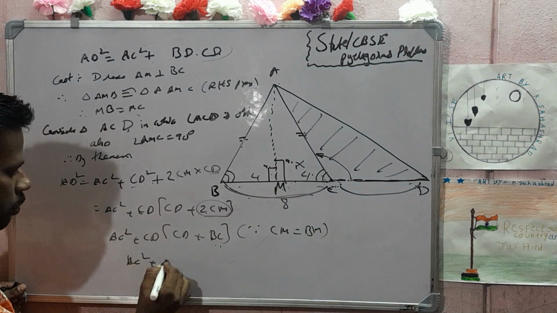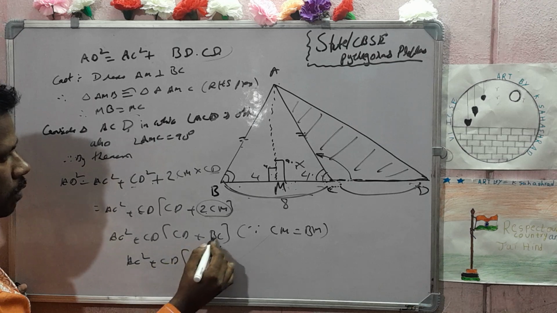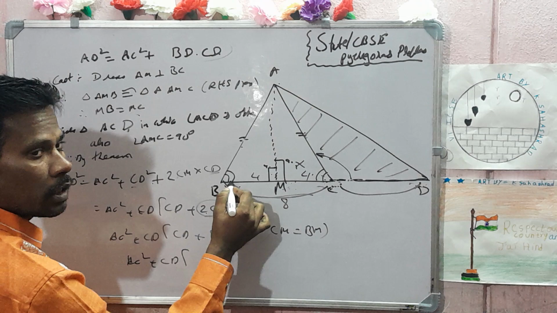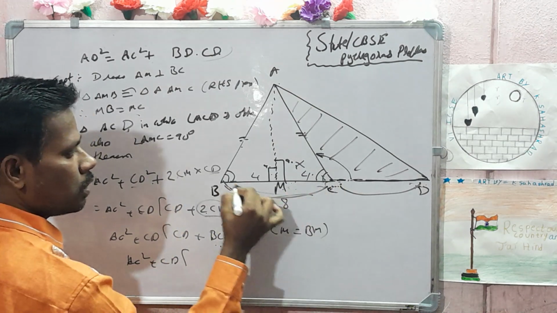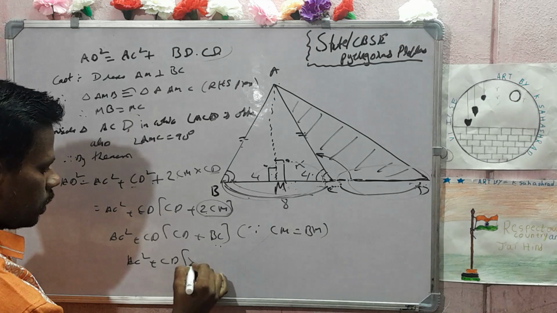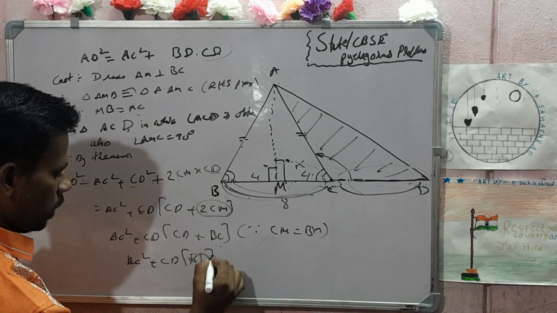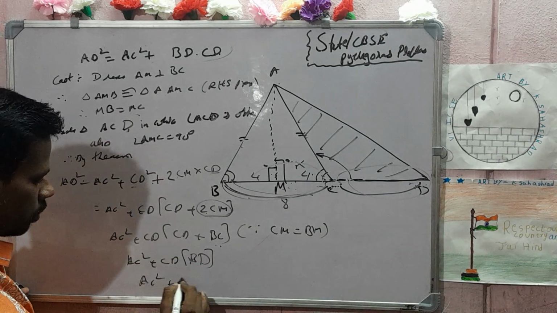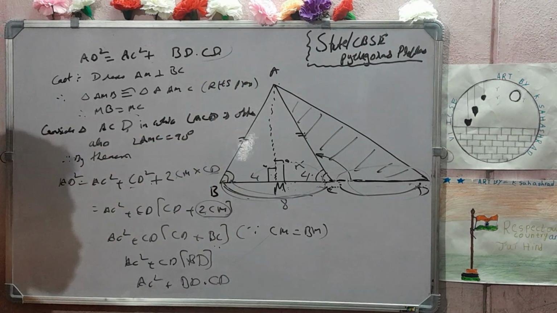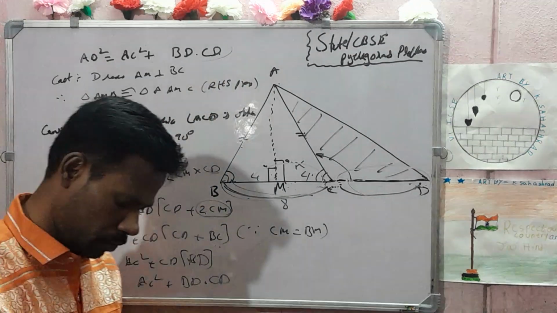So AC square plus CD into CD plus BC. CD plus BC is nothing but BD, this part plus this part. So therefore AC square plus BD into CD. Hence the theorem. Very simple.